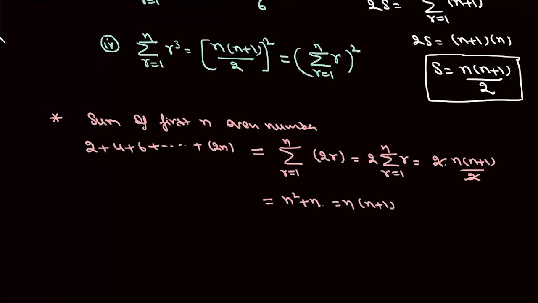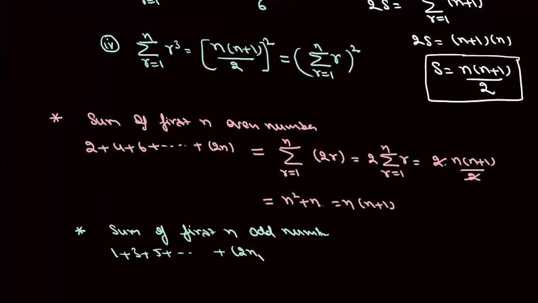or n into n plus 1. In the same way, we can write the sum of first n odd numbers. Now this is 1, 3, 5 up to 2n minus 1, and that's your general term. We have seen it in odd sequences. So this is summation r varies from 1 to n of the general term, which is 2r minus 1.